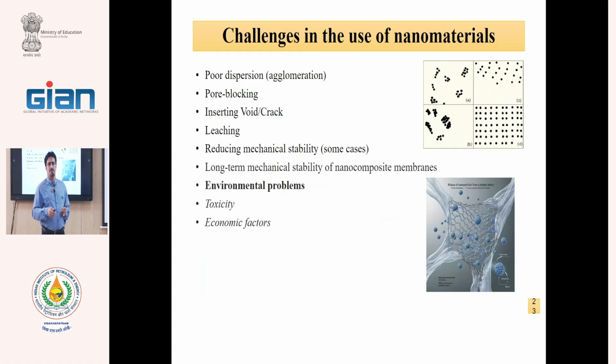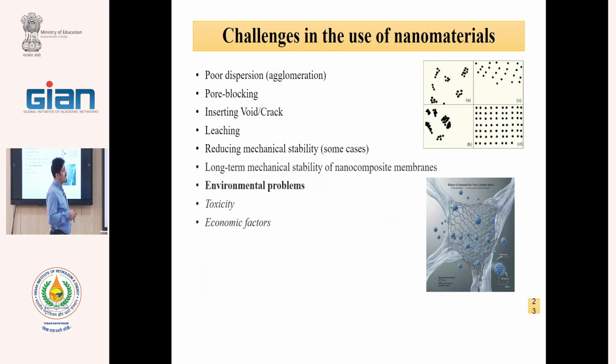We want to use the membranes for 3 years, 4 years, and most nanomaterials can be leached or released from the membrane body over time, and after 1 year, maybe we have no nanoparticles in the matrix of the membrane. Therefore, chemical grafting is a better method for no leaching, or we can increase the interaction between polymer and nanomaterials for reducing the leaching.